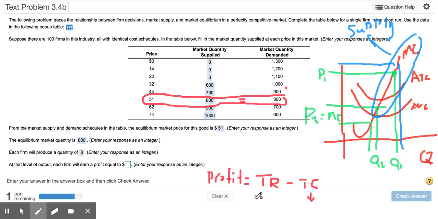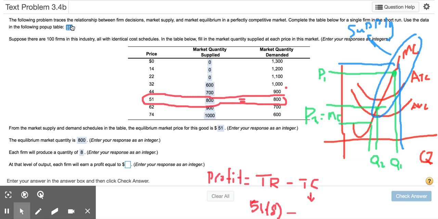Total revenue for each firm is the price, which is 51, the equilibrium price. Firms are price takers, they just take the market price multiplied by quantity. Profit-maximizing quantity minus total cost, we get it from this table.